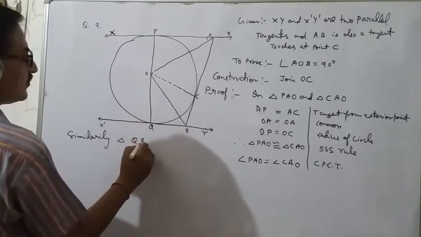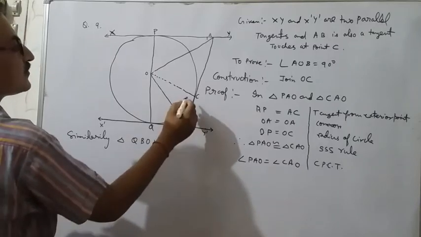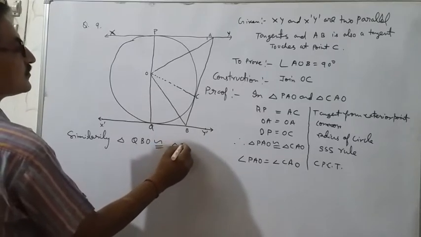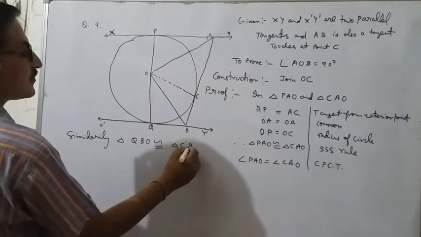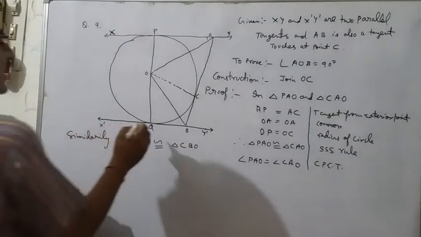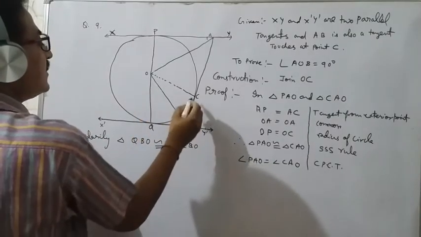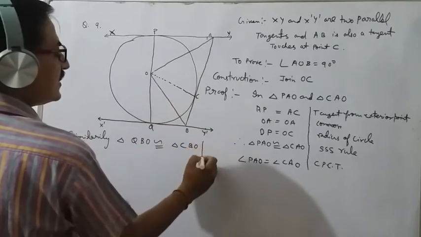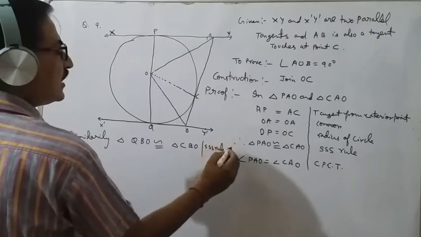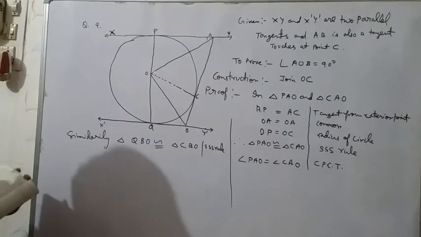Triangle QBO is congruent to triangle CBO, again by the SSS rule.